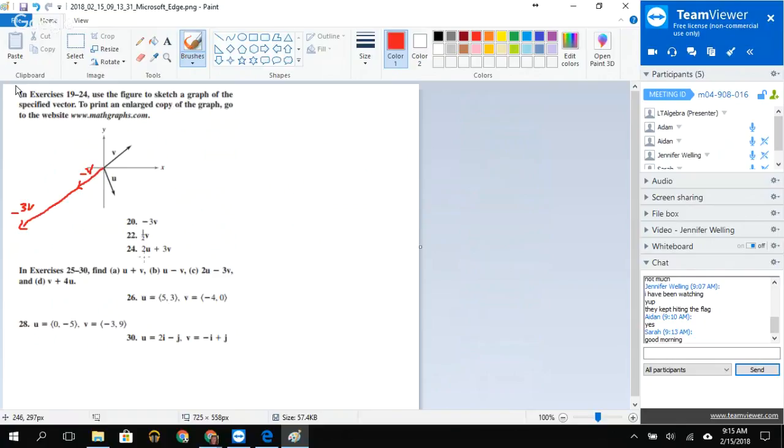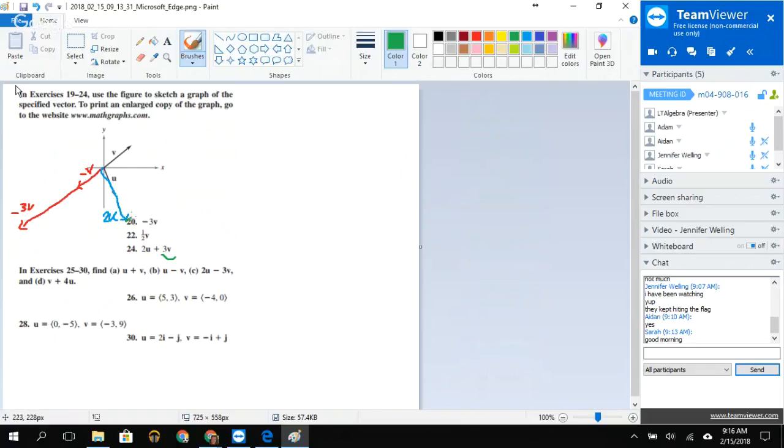And then number 24, what if we have 2u plus 3v added together? How do we figure out where those go? You start with one of them. So let's start with 2u. We have u here, and if we put another one on, that's 2u. And then we're adding 3v onto the end. So v is going in this direction and it is this magnitude. Here's 2u.